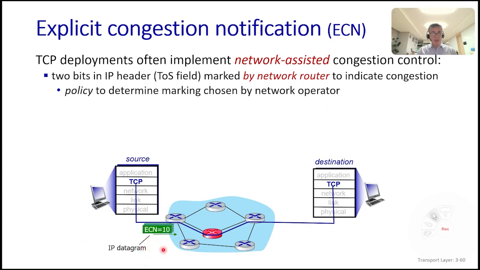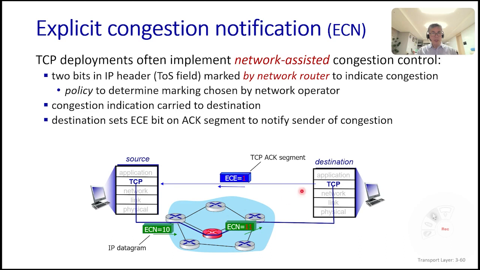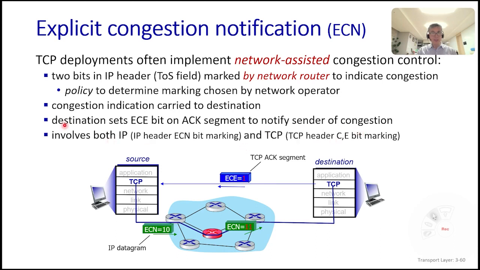In each IP datagram delivered, the router sets a value to indicate congestion. The receiver gets this, and then the TCP side acknowledges using the ECE bit to indicate that there is congestion in the middle. The sender then considers this congestion and reduces its transmission rate. So the destination sets the ECE bit on the acknowledgment segment to notify the sender of congestion. This involves both IP and TCP: IP ECN bit marking and TCP header ECE bit marking.